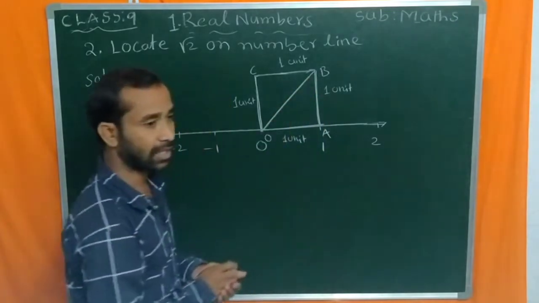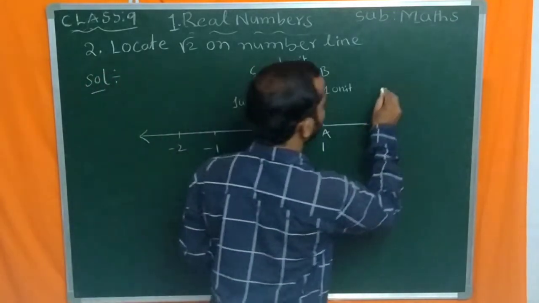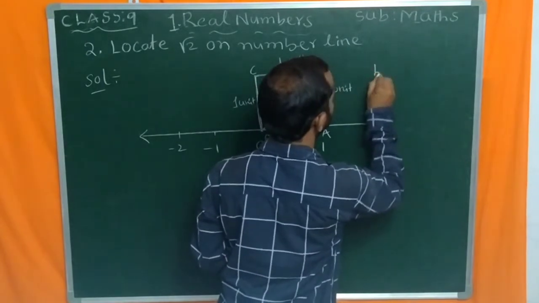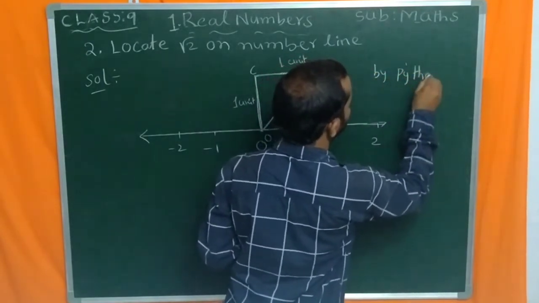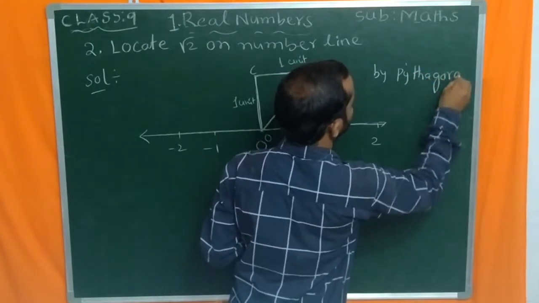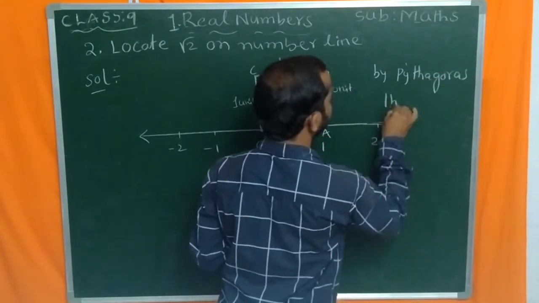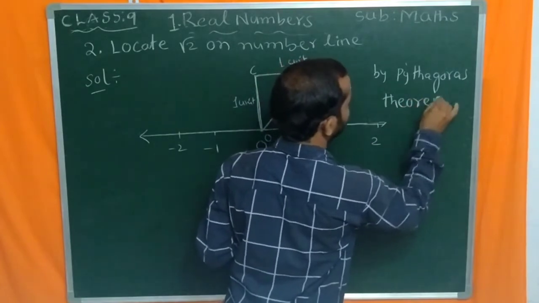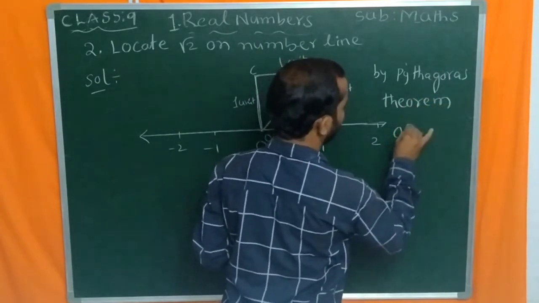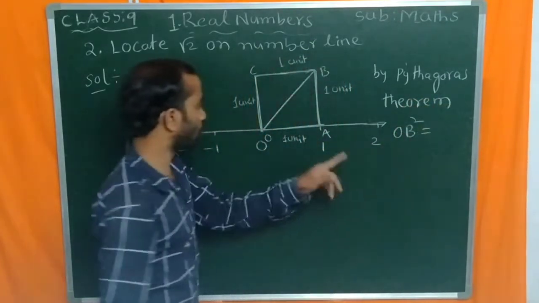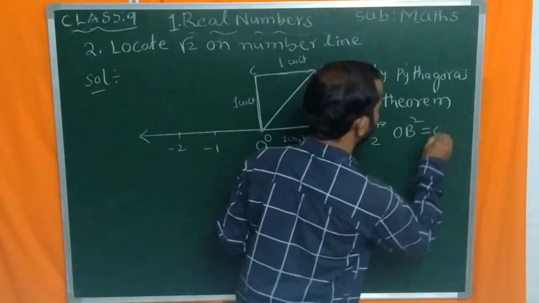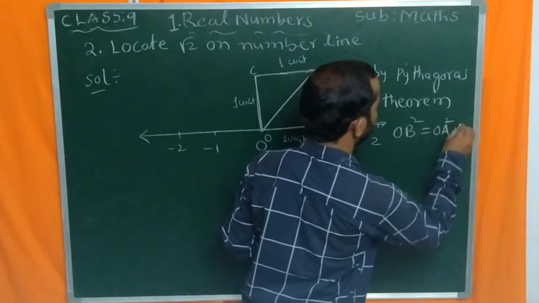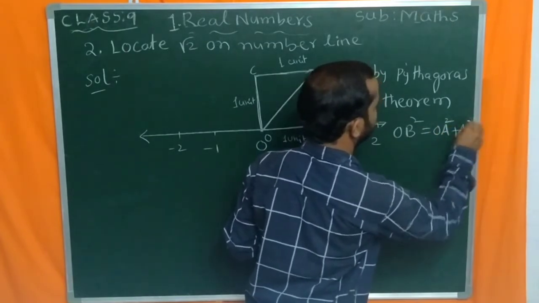Find the length of OB. By Pythagoras theorem, OB squared equals OA squared plus AB squared.